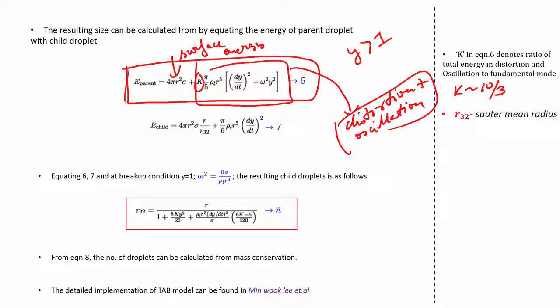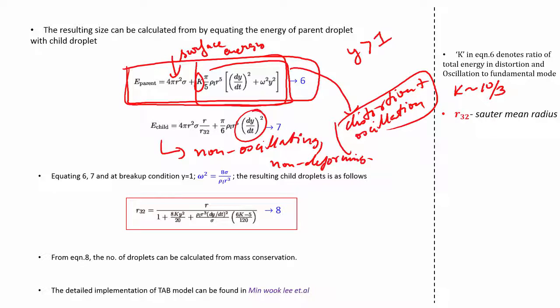So, this is the total energy of the parent droplet. What is the total energy of the child droplet? The child droplet is assumed to be non-oscillating and non-deforming. Non-deforming means non-distorting essentially.